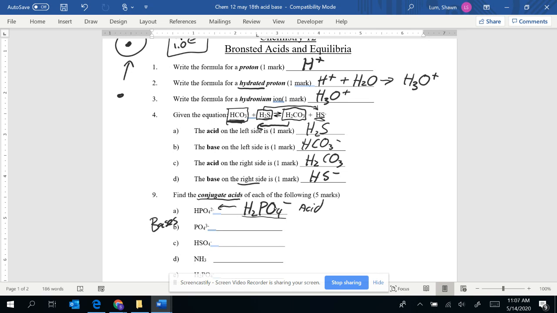And then if this H2PO4 turned into HPO4 2 minus, H2PO4 would have to lose a hydrogen, and then this one would be the conjugate base pair.